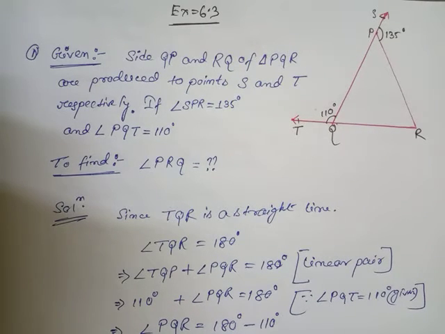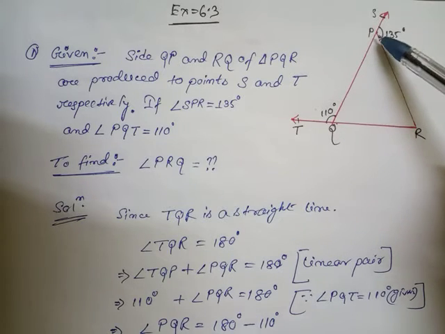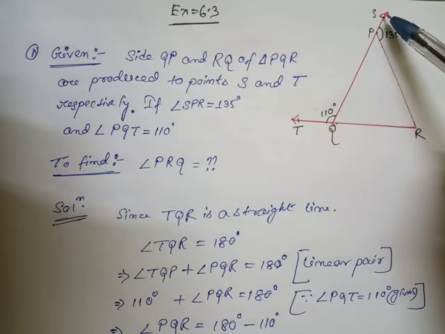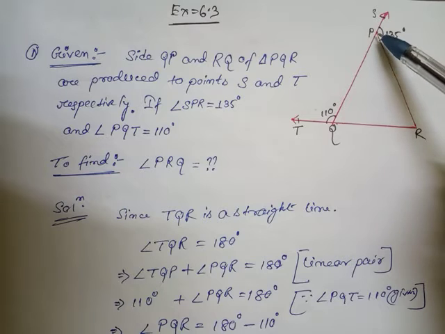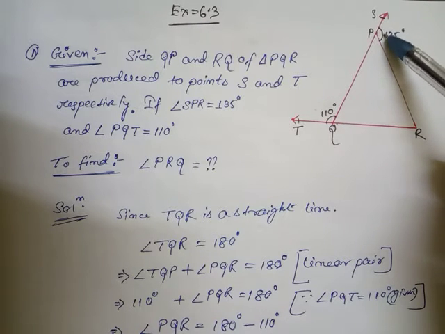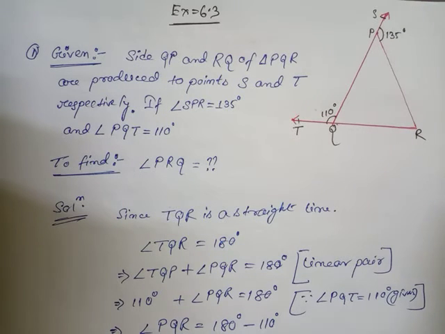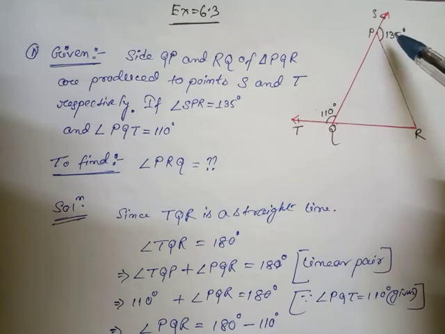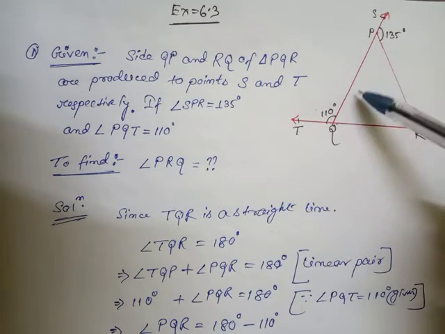Now student, look once into the diagram again. QP is produced to S. So in triangle PQR, this portion is the exterior angle, where 135 is written. This portion is the exterior angle. And we know that according to theorem 6.8, the exterior angle is equal to the sum of the opposite two interior angles.